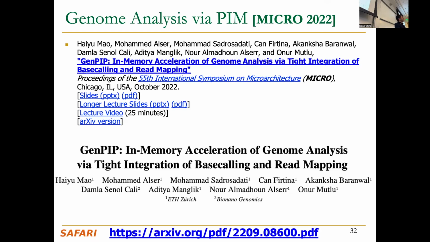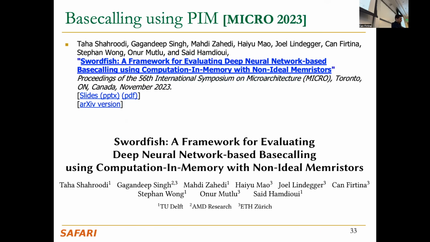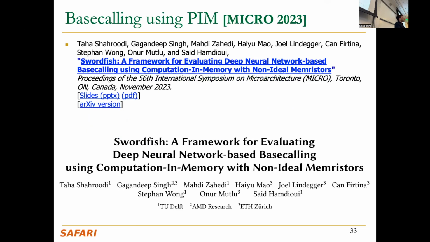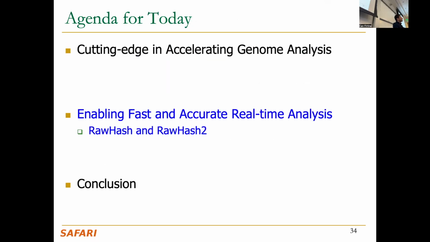We also use processing in memory in order not to move the data to the CPU, but rather do the computations in the memory. Then this paper deals with the base calling plus read mapping problem. And this is another paper that performs base calling using processing in memory. So these are the scope of the works that we're doing in our group.